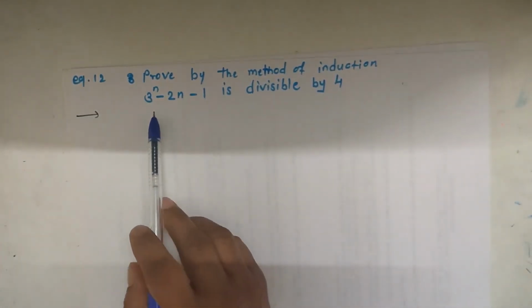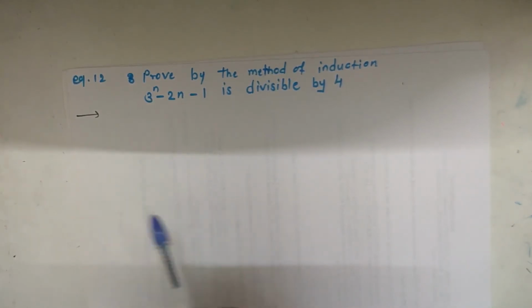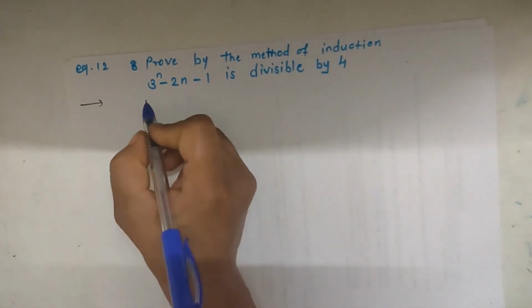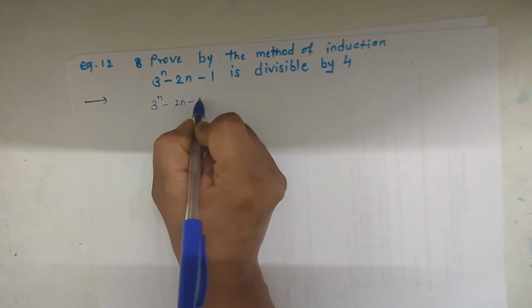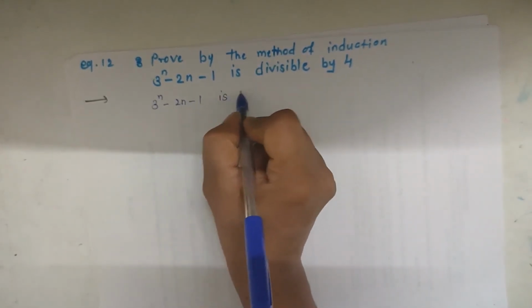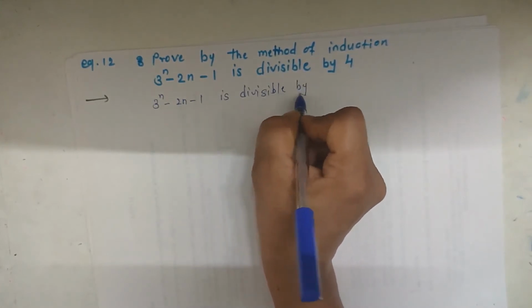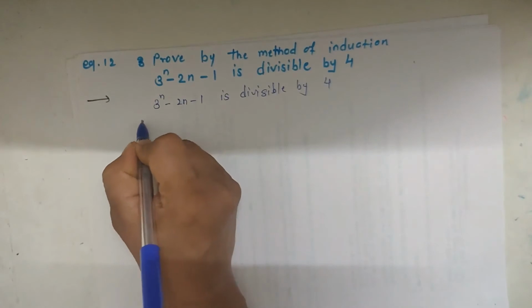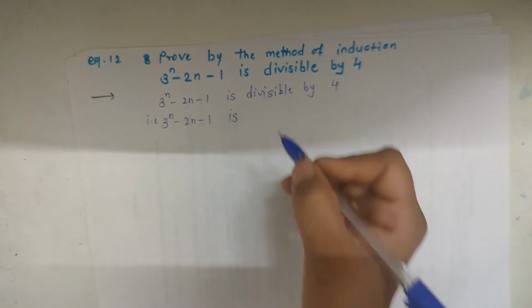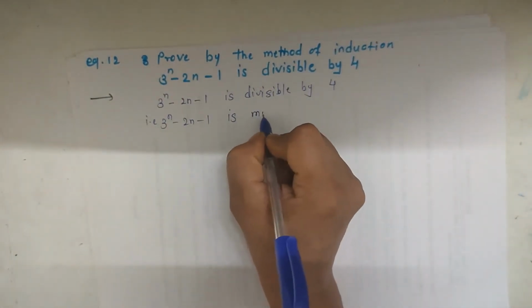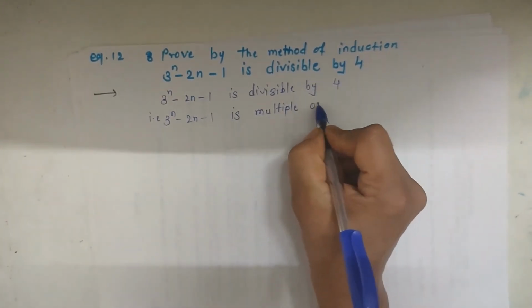This statement is denoted by P of n. 3 raised to n minus 2n minus 1 is divisible by 4, which means the given number is a multiple of 4.